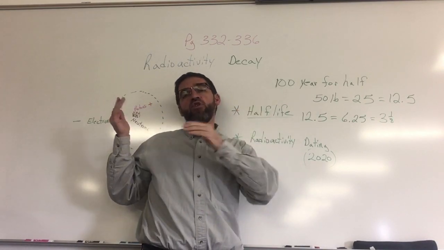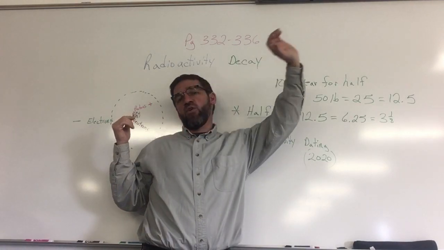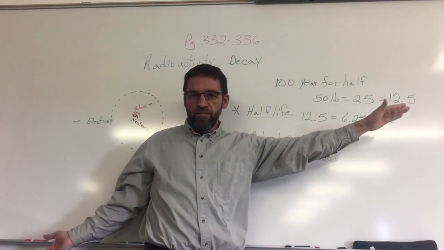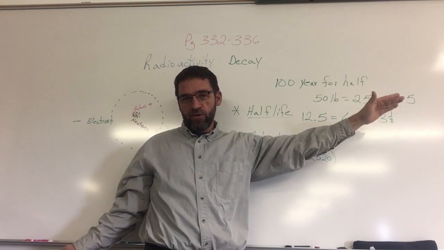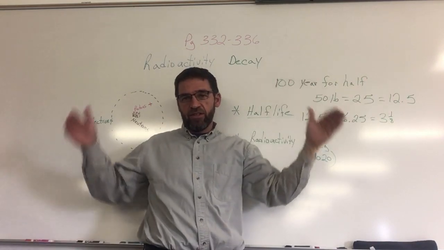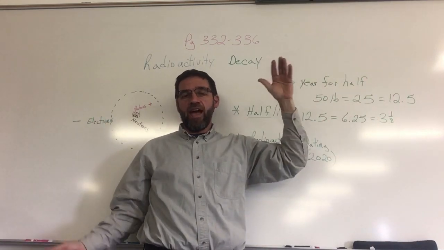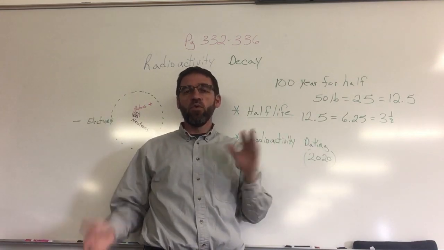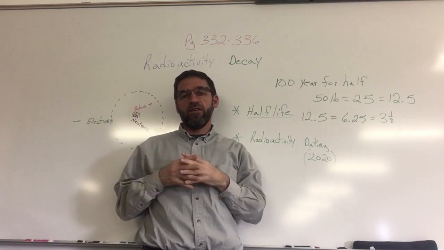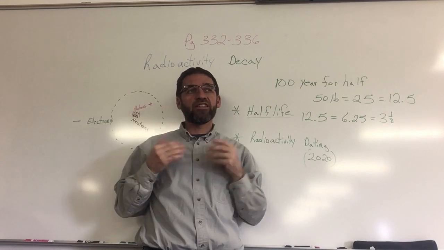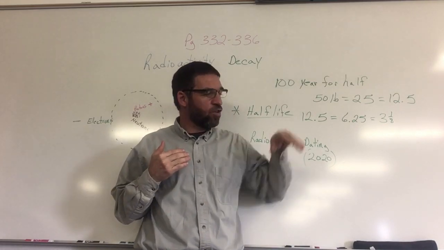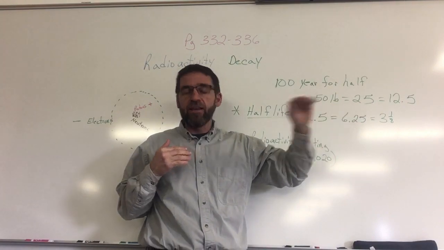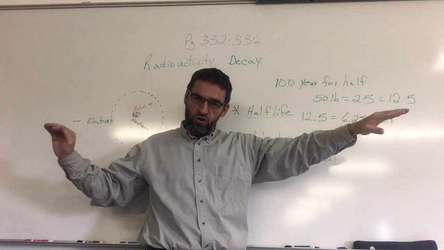But when you try to apply it to things that are old, it's not proven to be accurate. It varies depending on the atmosphere at certain times, which will make it decay more or less. While we say that it takes so many years for something to decay, that's an average.